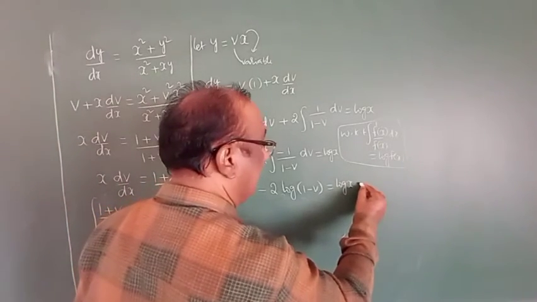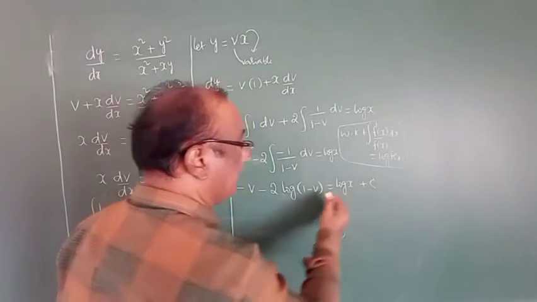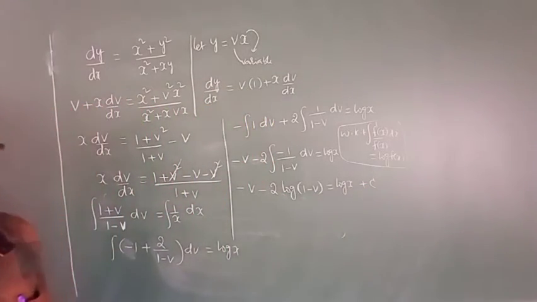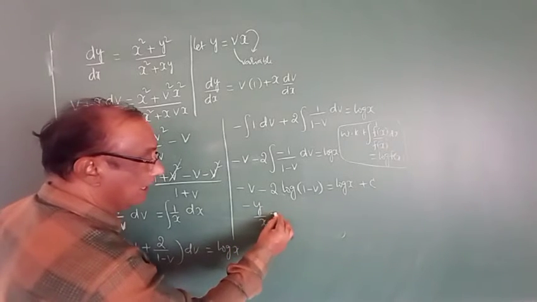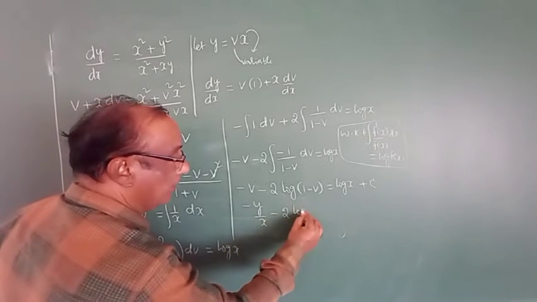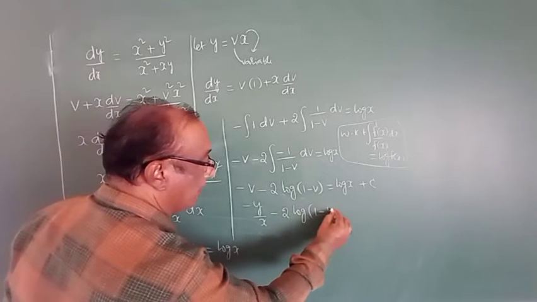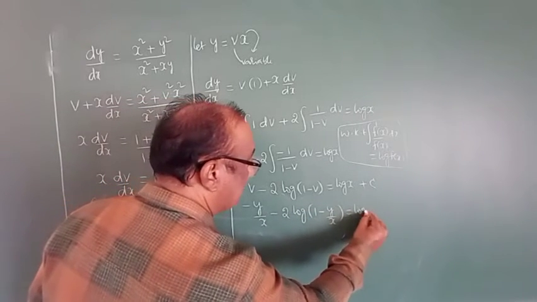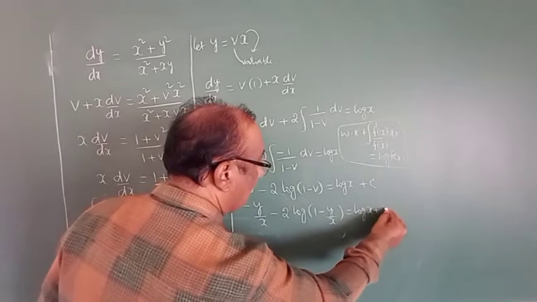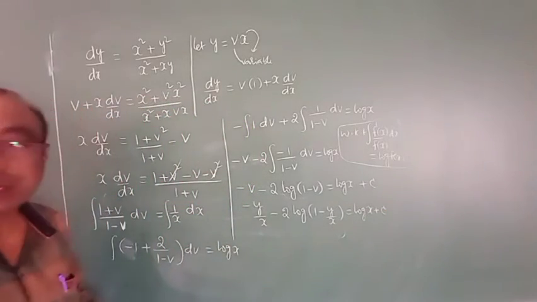I will write plus c. Now write v as y by x: minus y by x minus 2 into log of 1 minus y by x is equal to log x plus c. Now simplify and you get the answer.